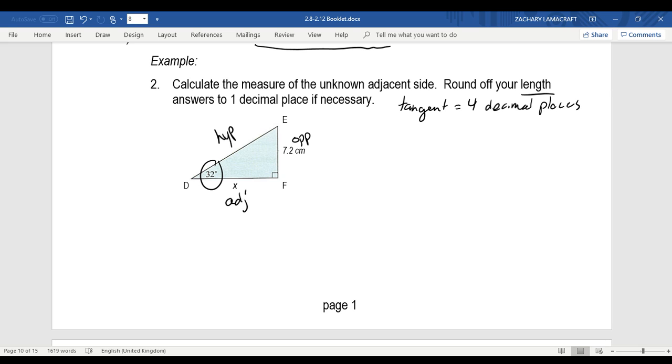So based on TOA, what's our equation? Tan x is equal to opposite over adjacent. Always show this step, guys. It's good to get in the habit of it, especially because we're going to be introducing two other ratios, sine ratio and cos ratio, eventually.